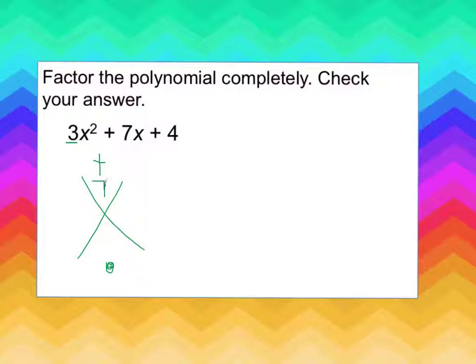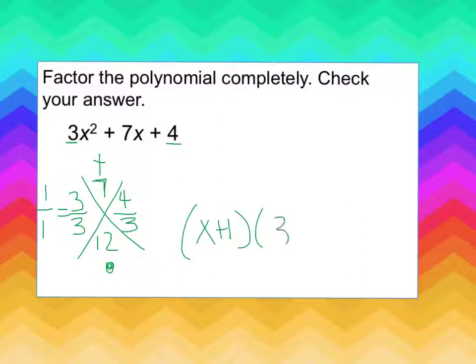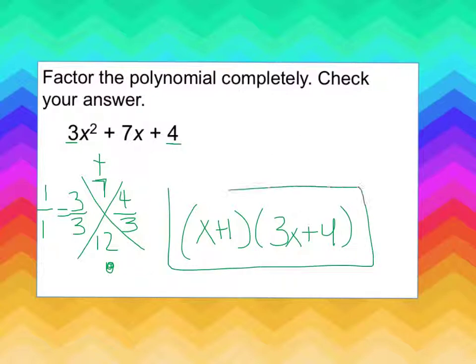So here I get 7, then 3 times 4 would give me 12. 2 factors that would work would be 3 and 4, divided by your leading coefficient of 3. This one only reduces to 1 over 1, and so I get x plus 1 multiplied by 3x plus 4. And here's an example of where I only needed to use one factoring method to factor my polynomial. Go ahead and use the box method or distributive property to check your answer.